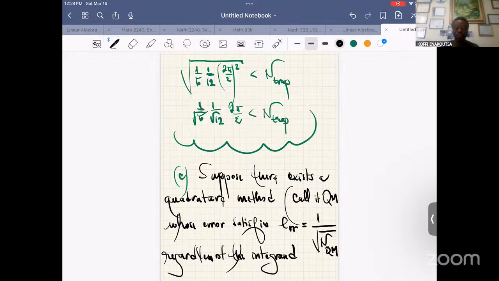And NQM is the number of points that you use within the quadrature.